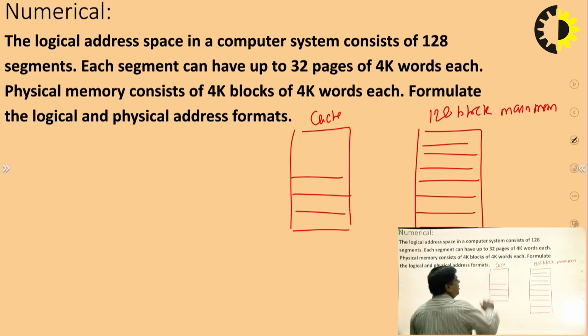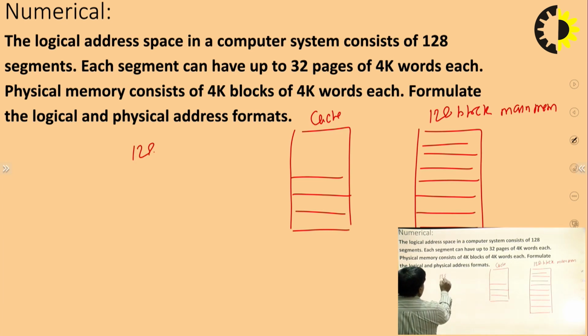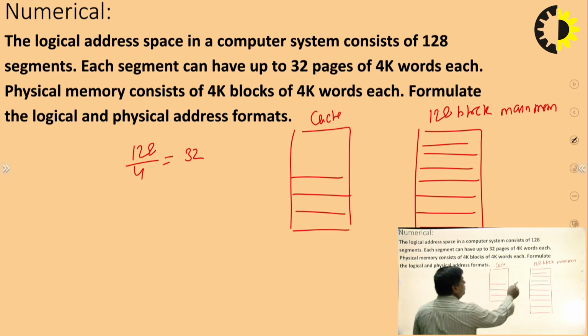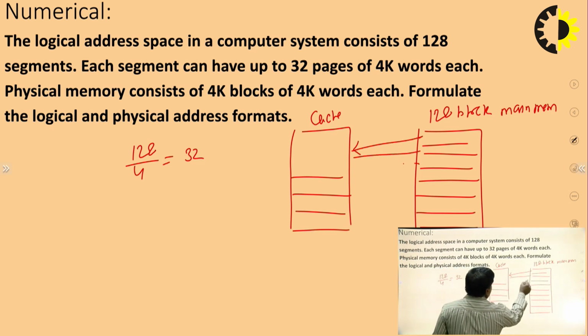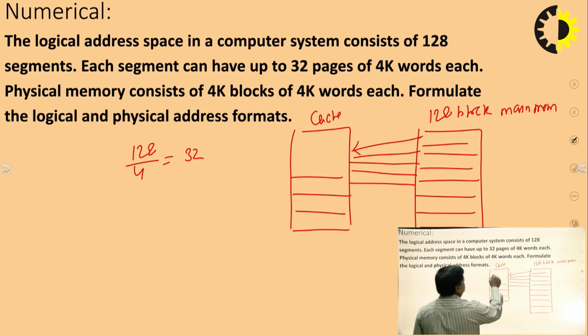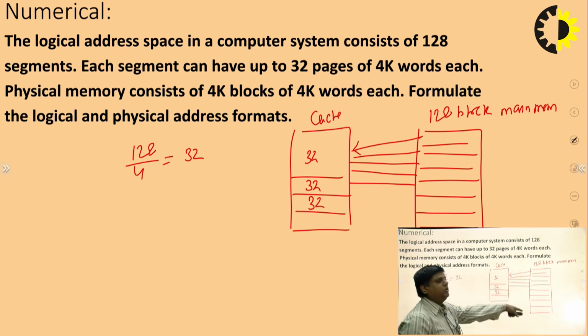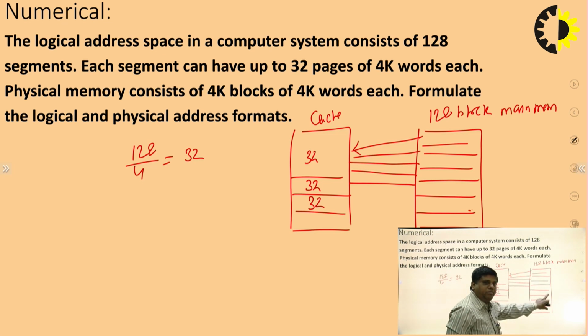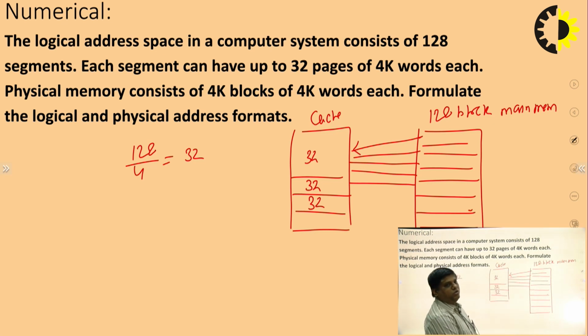How many blocks can be available in the cache memory in each block? That is 128 divided by 4, that is 32. It means 32 blocks of the main memory can accumulate into each block of this cache memory. 128 blocks can accumulate in this format.